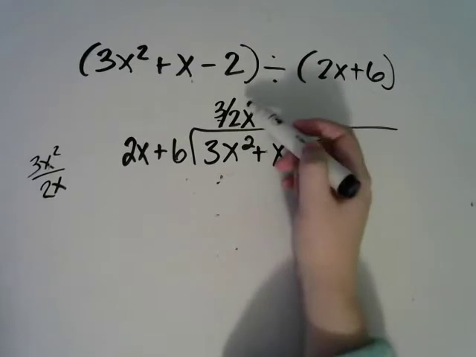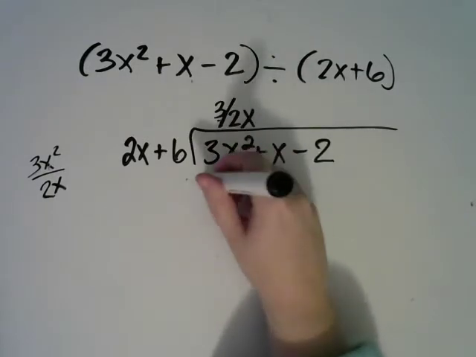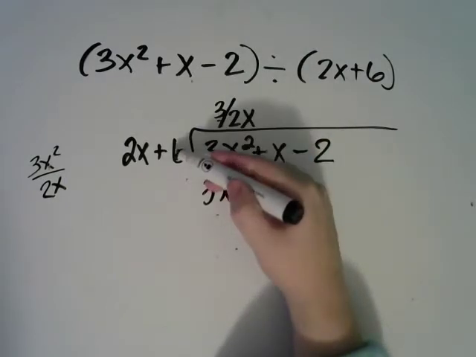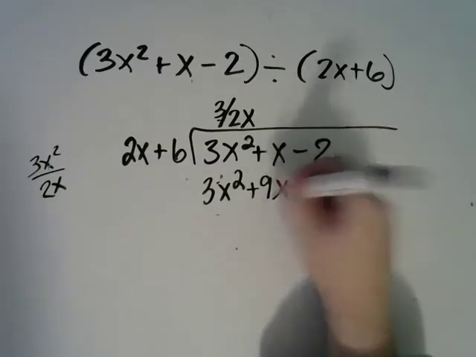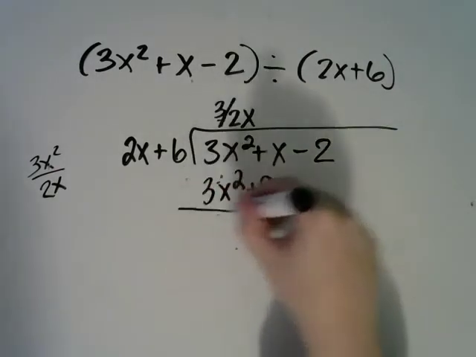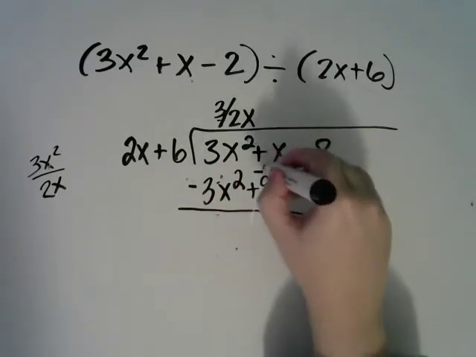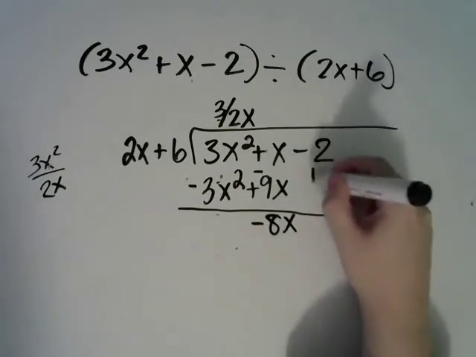Then we distribute 3 halves x back to the binomial, which gives us 3x squared, and then 3 halves times 6 is 9, so plus 9x. Subtract. 1x minus 9x is negative 8x, and bring down the next term.